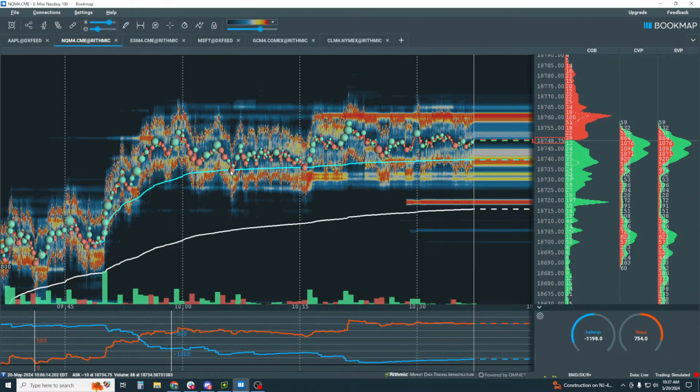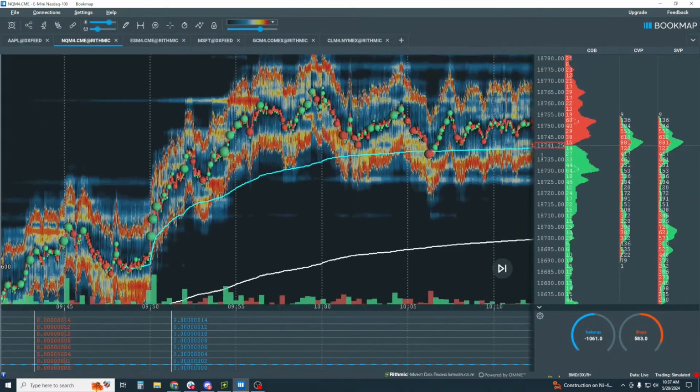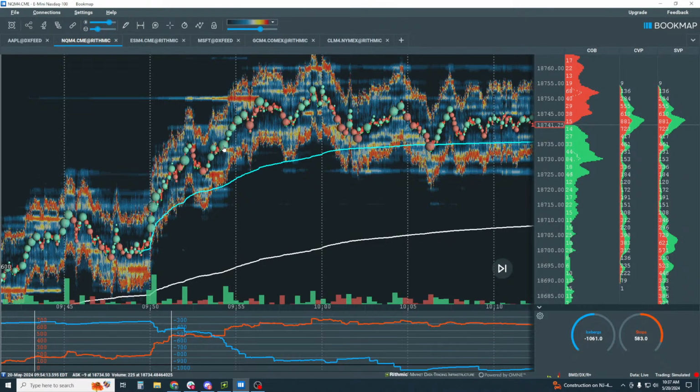And we know that here there was not much of a reaction off of this line. How can you justify that? Let's be real. We know that this is where the buyers came in, right here. And we can see that there's a reaction in there. It's not because of the line, it's because of this in here, right?